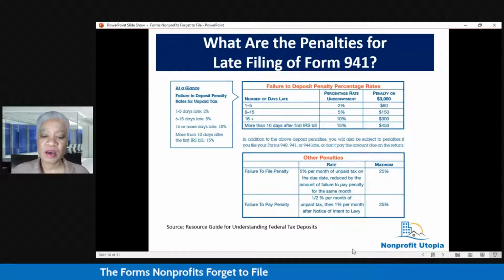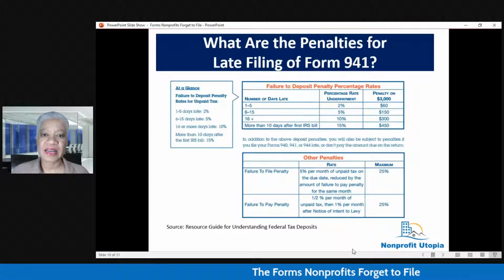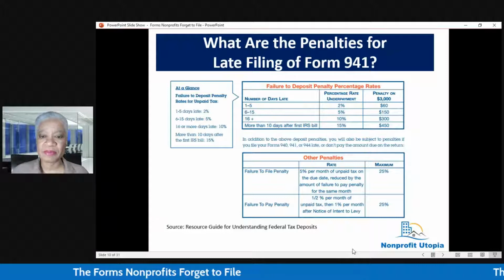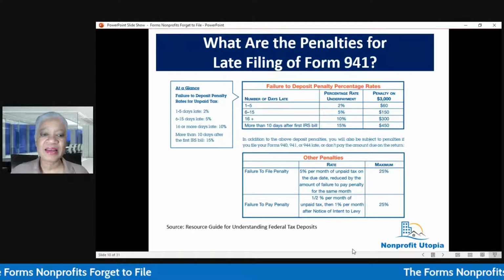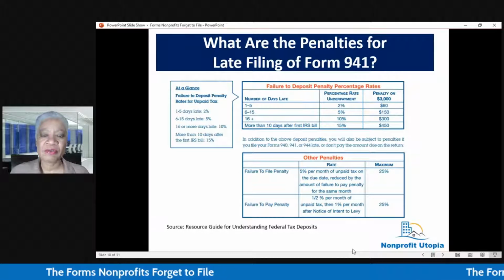And then 1% per month if you get to a point where the IRS is sending you a letter saying they intend to levy, right? And the maximum is 25%. So businesses and nonprofits have literally gone out of business just because they did not pay payroll taxes.